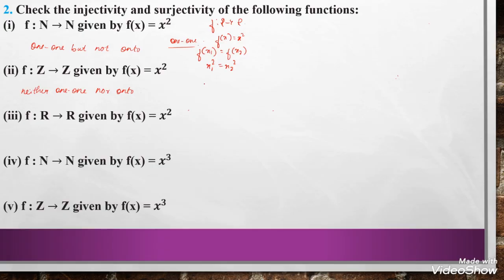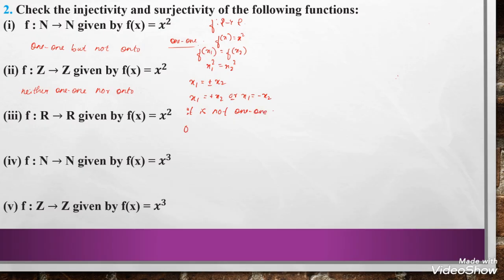Applying the square root on both sides, we get x1 is equal to plus or minus x2. For the same image, different elements are present, so it is not a 1-1 condition. According to the definition of 1-1, distinct elements have distinct images, but here distinct elements have the same image, that's why the 1-1 condition is not satisfied. It is not 1-1.